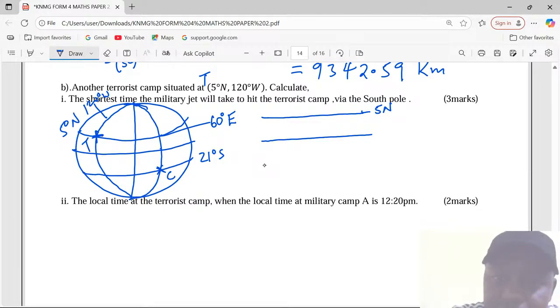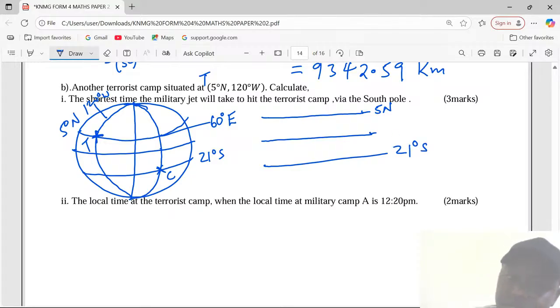Then we have 21 in the south, that way. So a plane is supposed to cover through the South Pole from this point, moving along the South Pole until it is at a point here.